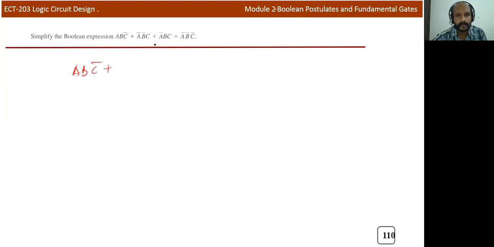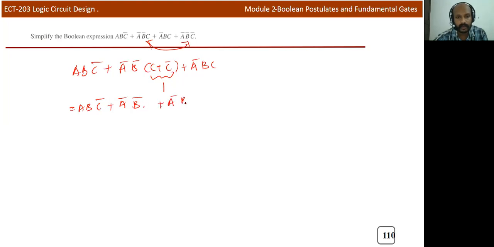Then if you take a bar b bar, these two terms, it becomes a bar b bar into c plus c bar, then a bar bc. Now we can reduce to 1 here, so the expression becomes a b c bar plus a bar b bar into 1. Into 1 is actually a bar b bar, then a bar bc.